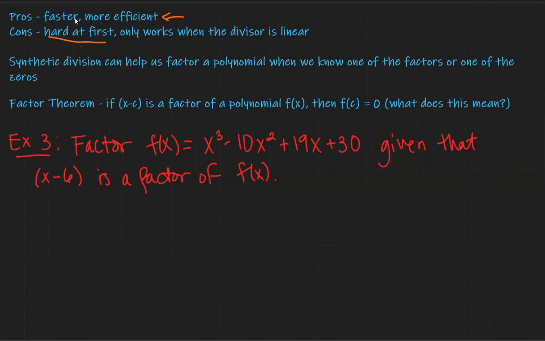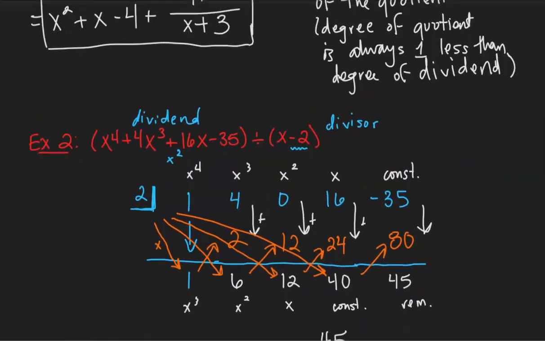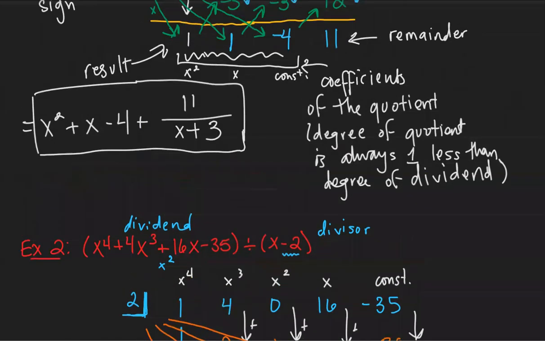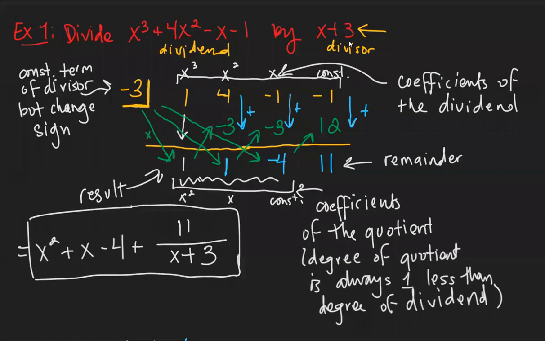And the biggest kicker with synthetic division is that it only works when our divisor is linear. If you noticed in the two examples we did, let's go back and look. Our divisor here was x minus 2. Our divisor here was x plus 3.